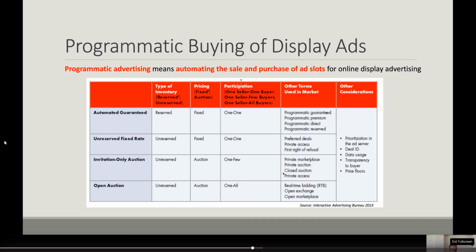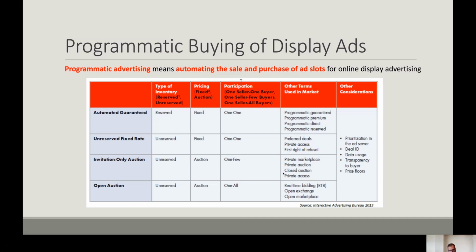Again, this is unreserved, of course, because you don't know upfront who is going to win the auction. So depending upon the auction winner, one or the other advertiser may be able to show their ads here, right?